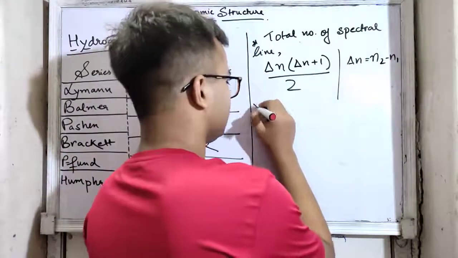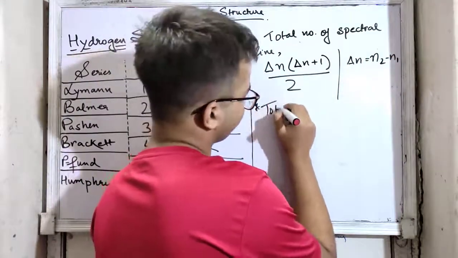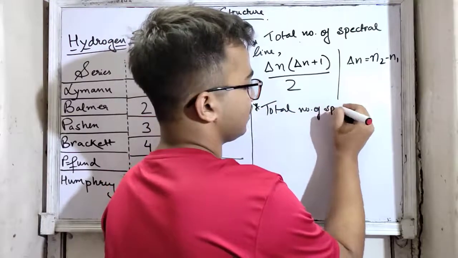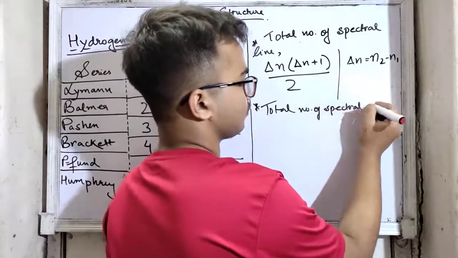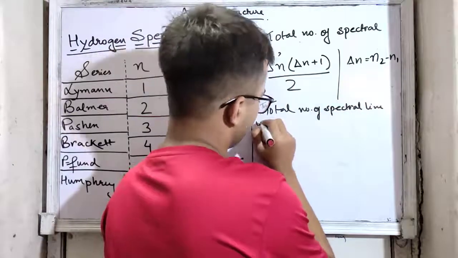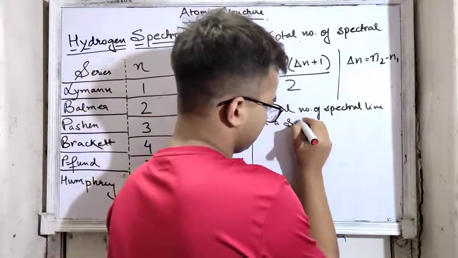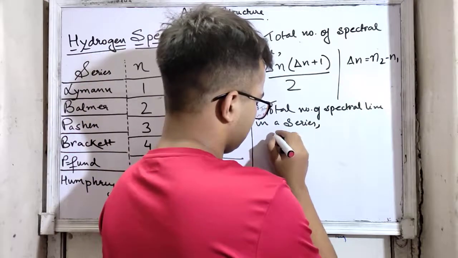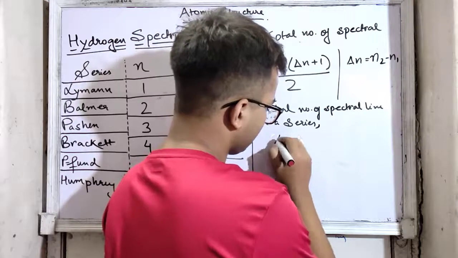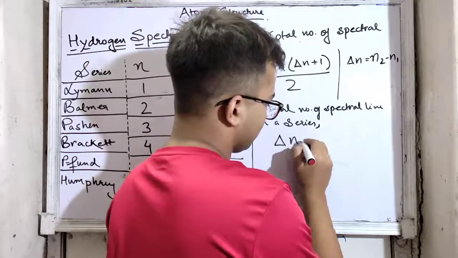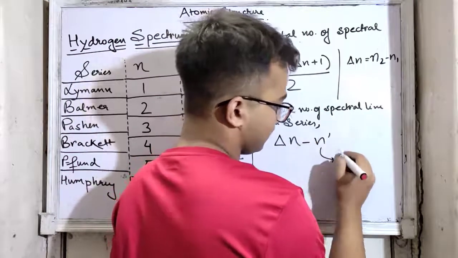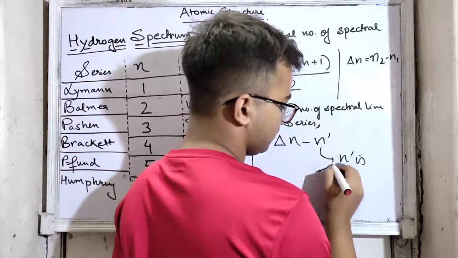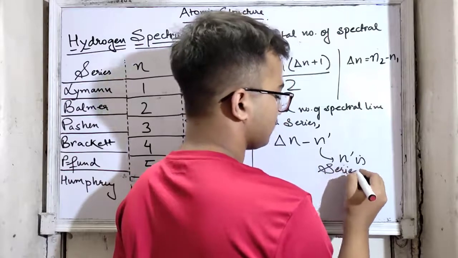Okay, the next thing which comes is the total number of spectral lines in a series. So it comes delta n minus n dash, where n dash is your series number.